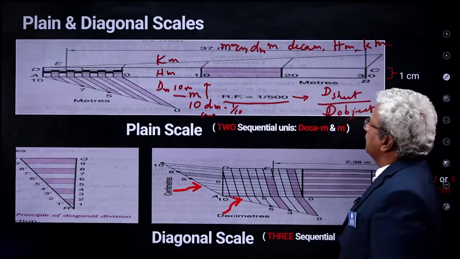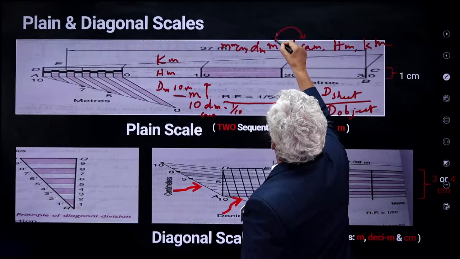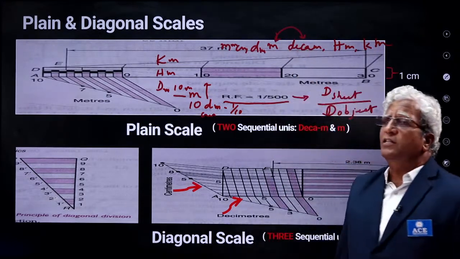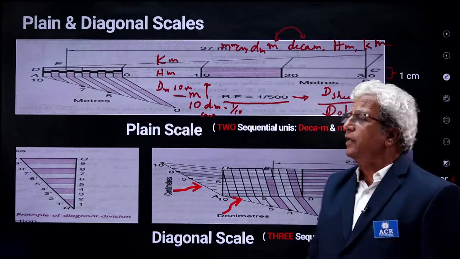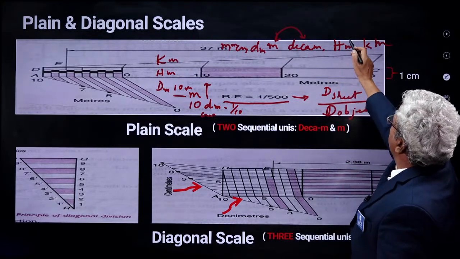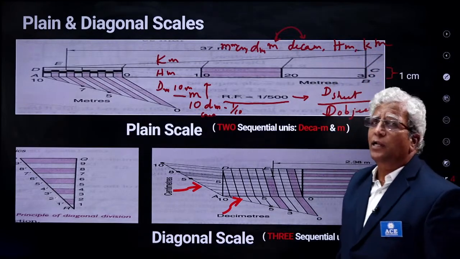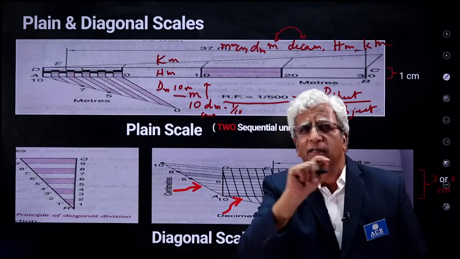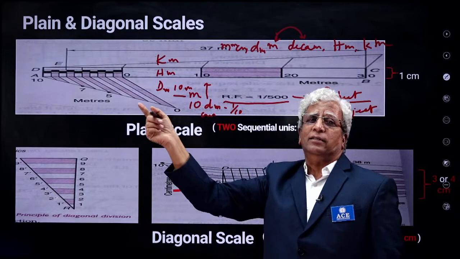Like that. Now, any side-by-side things, meter and decimeter, these are called sequential units. What are the sequential units for hectometer? More than hectometer, it is kilometer. Less than hectometer is decameter. Like that. What are the sequential units of centimeter? Below centimeter, it is millimeter. Above centimeters is decimeter. So, like that.